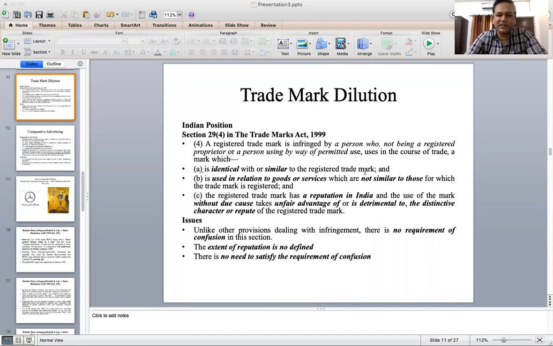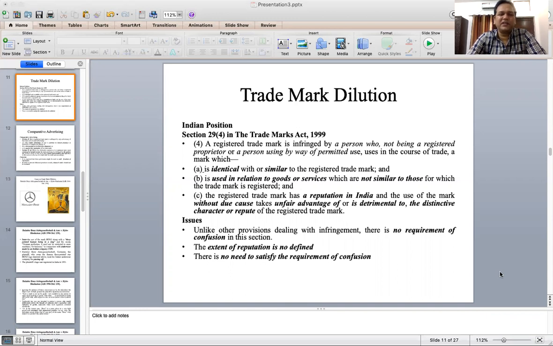Number one, first condition. Second condition is used in relation to goods or services which are not similar to those for which the trademark is registered. And third point is, the registered trademark has a reputation in India, and the use of the mark without due cause takes unfair advantage of or is detrimental to the distinctive character or repute of the registered trademark.